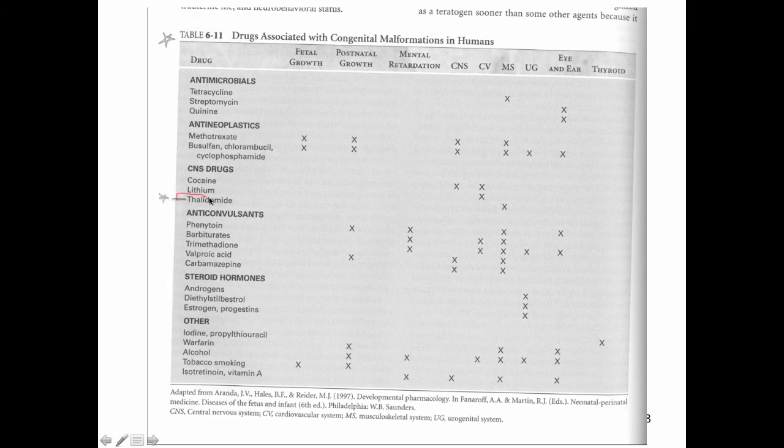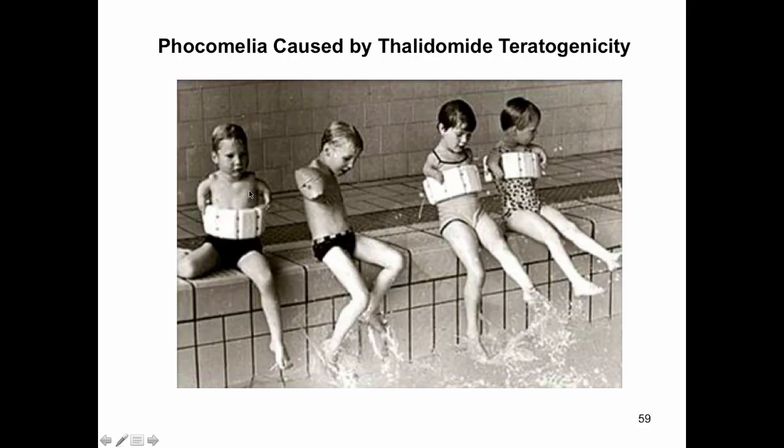There's a very sad story about a drug that was actually given widely to pregnant women and caused severe birth defects, and that is the story of thalidomide. So thalidomide was a drug that was sold during the late 1950s and 60s, and it was used as a sleeping aid and an antiemetic for pregnant women.